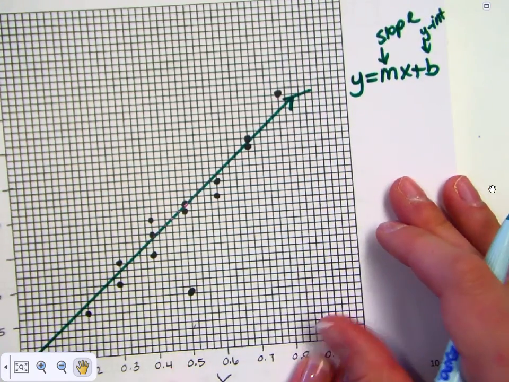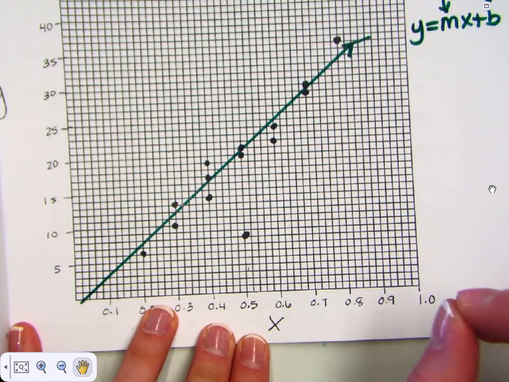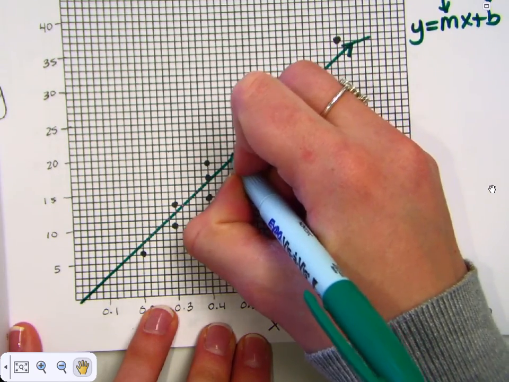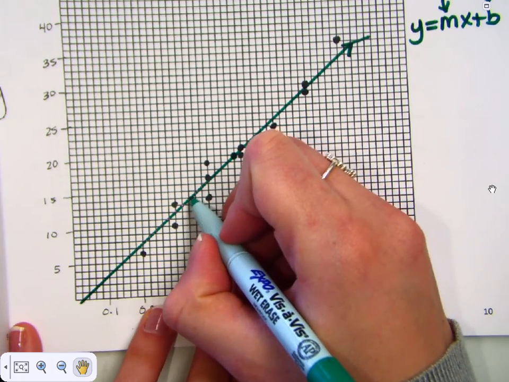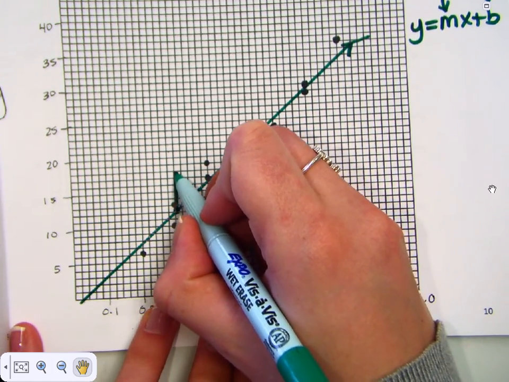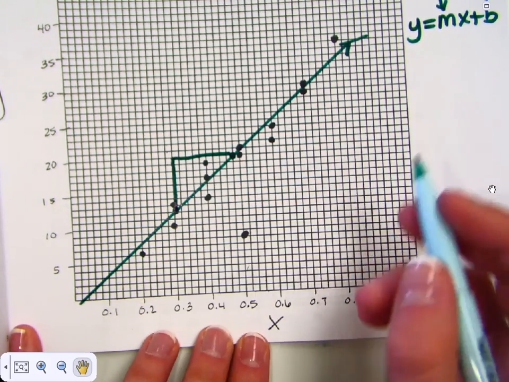If we look at this graph, to find my slope, I'm going to pick 2 nice points on the graph. By nice points, I mean the ones that are crossing a grid line, like this point and this point. Then I can make my triangle here and find my rise over run.